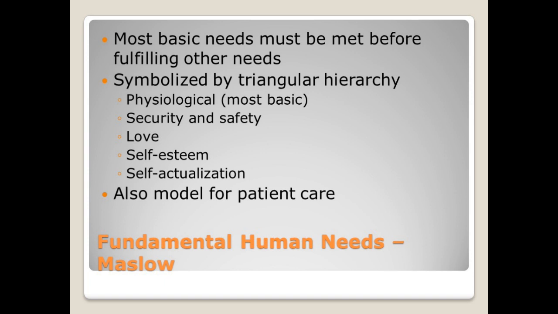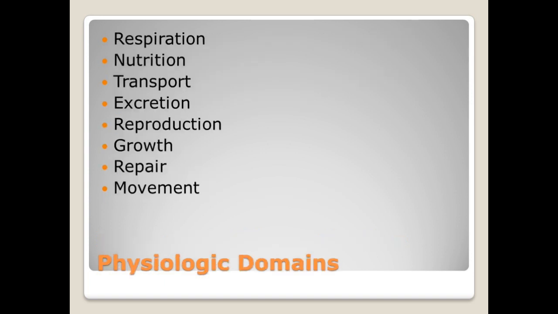Maslow model provides an excellent guide for patient care and method of prioritizing the patient needs. Here we see the examples of the physiological domains that during the OR permanence of the patient will be monitored based on the type of the procedure, type of anesthesia that you are definitely familiar with.